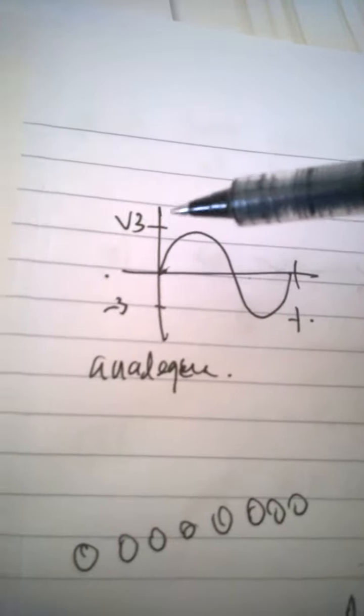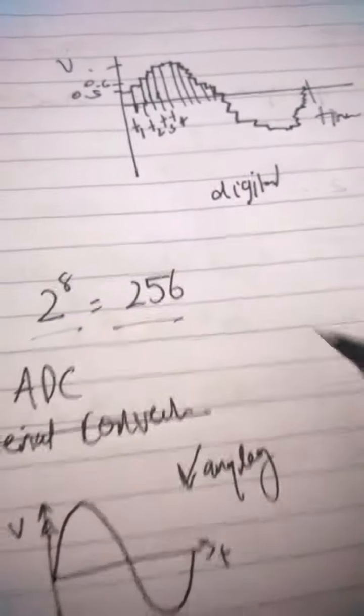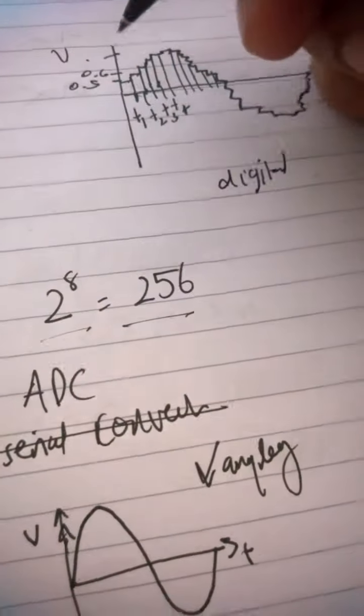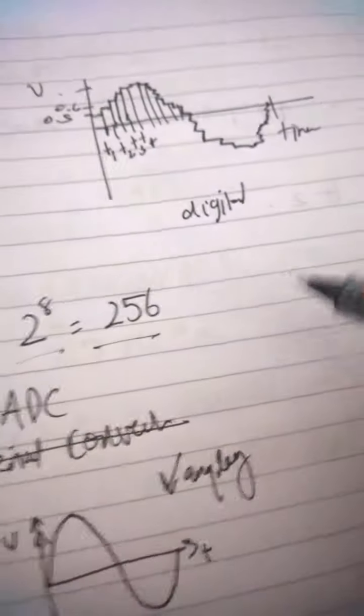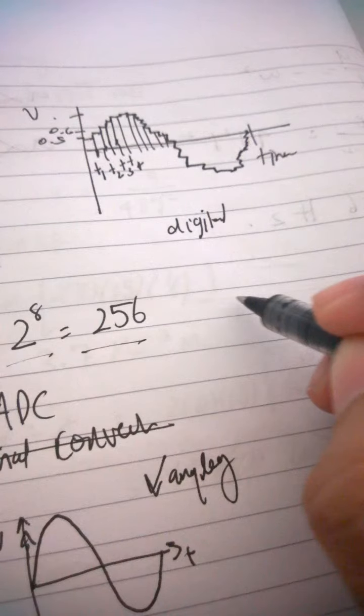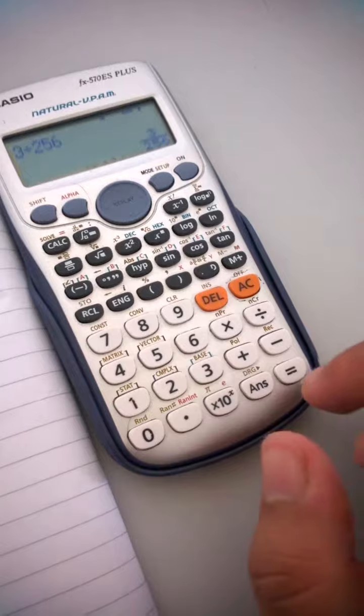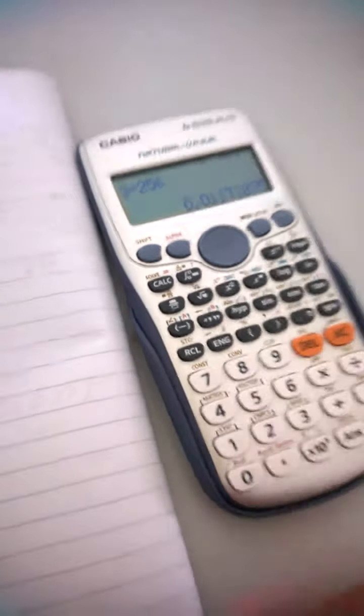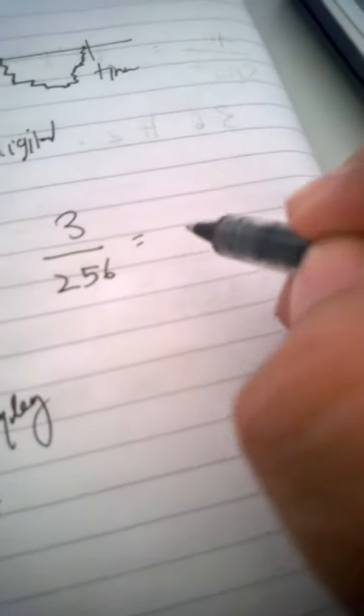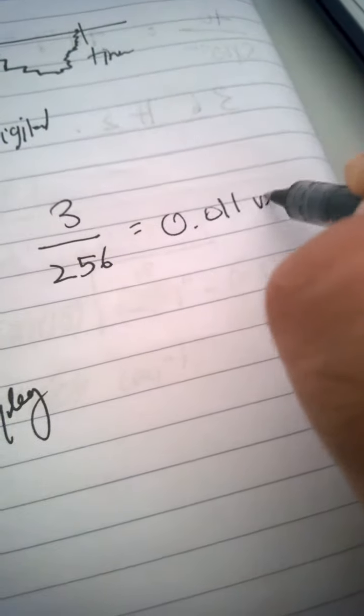That means that if the maximum analog voltage is 3 volts, then the minimum value that each small voltage step can have in the digital signal is 3 divided by 256, which is 0.011 volts.